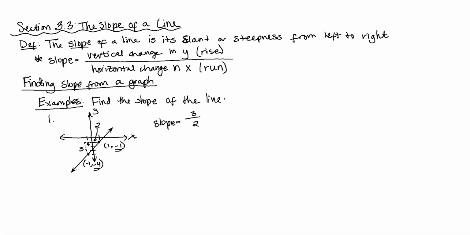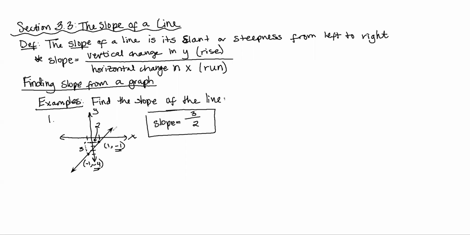If we were going down, it would be negative, or if we were going to the left, it would be negative. But you always want to go from left to right. We don't really want to start at this right point and go to the left, but you can, as long as you match both of your sides accordingly for which direction you're moving. All right, so that's our slope for this one. We end up with 3/2, and it's positive because our line is going up to the right.